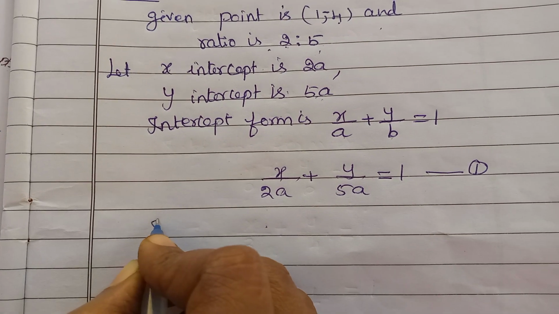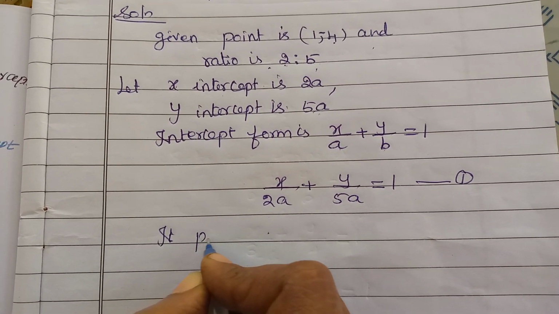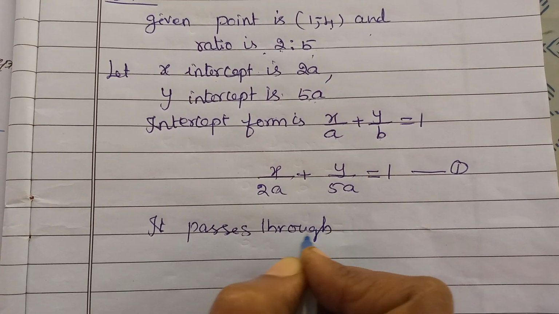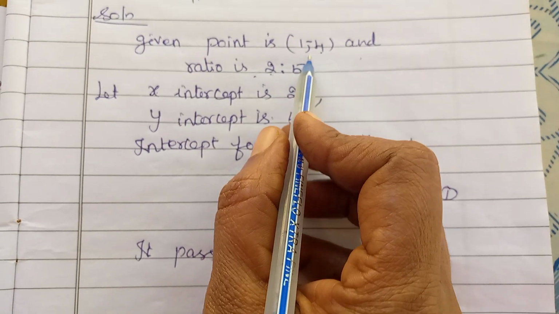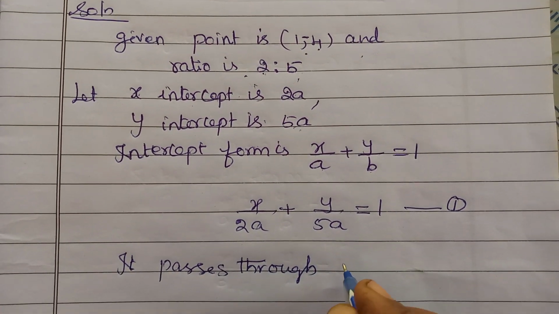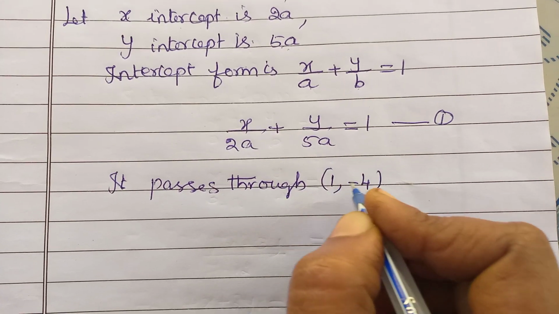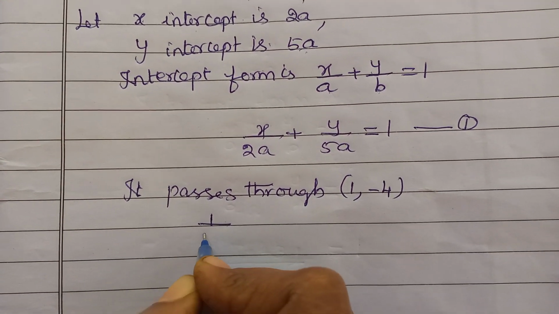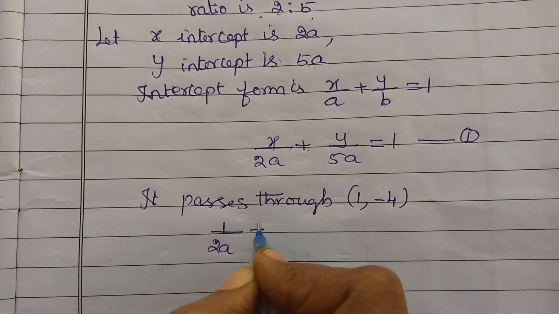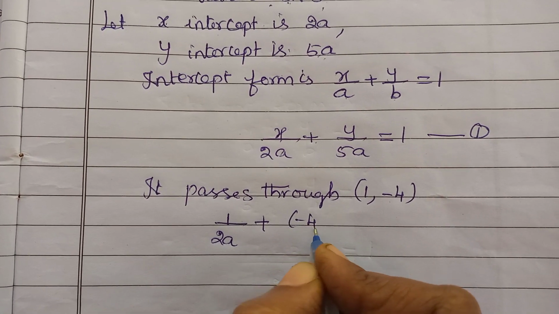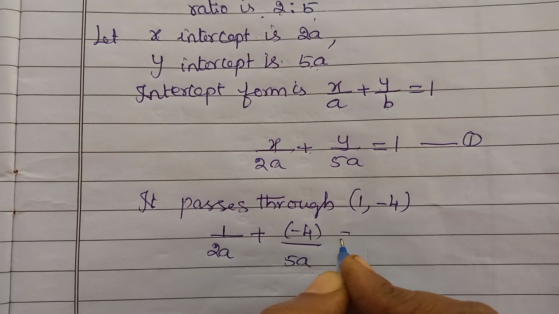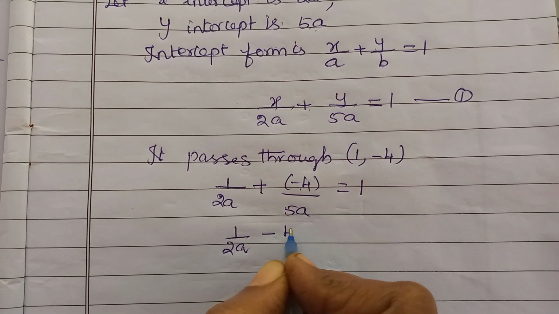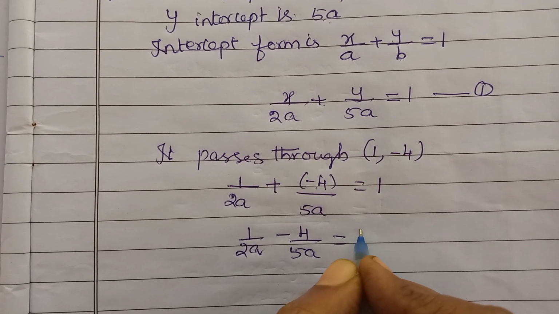Now equation 1 passes through the given point 1, minus 4. So 1 comma minus 4 means x is 1, y is minus 4. So we can write 1 by 2a plus minus 4 by 5a is equal to 1.